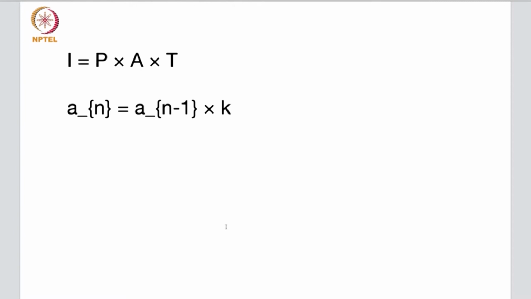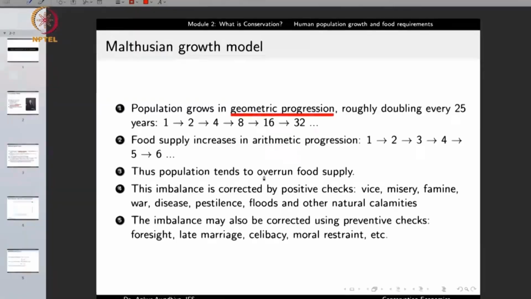That is, if you take a ratio of the nth term of the series and the (n-1)th term, you will get a constant k. And in this case, Malthus saw that the population was doubling. So the factor k here is 2, because 2 divided by 1 is 2, 4 divided by 2 is 2, 8 divided by 4 is 2, and so on. So every term in this series is the previous term multiplied by this constant k, which is 2. So 1 into 2 is 2, 2 into 2 is 4, 4 into 2 is 8, 8 into 2 is 16, and so on. So the population grows in geometric progression.